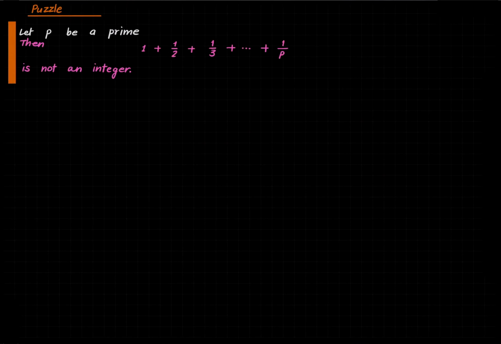So fix a prime p. Then this number we want to show is not an integer. Before we prove it, let me state a fact. A more general fact: if n is any integer at least 2, then the sum is not an integer.